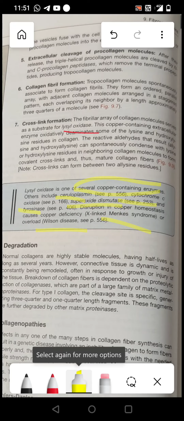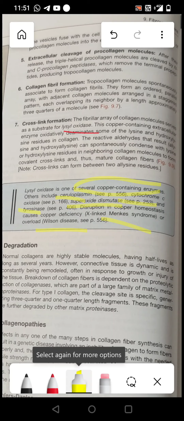Now we go to a very important part, which is the collagenopathies, the different collagen-affecting conditions. Remember two main conditions. The third one you already read, that is scurvy. You know what happens in scurvy: ascorbic acid is needed for the prolyl hydroxylase enzyme.